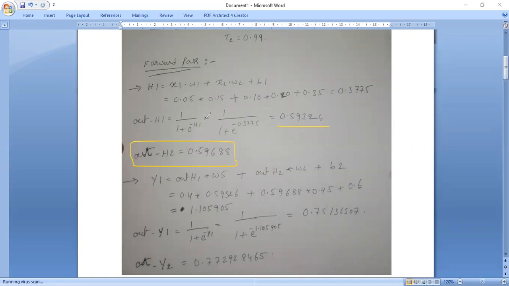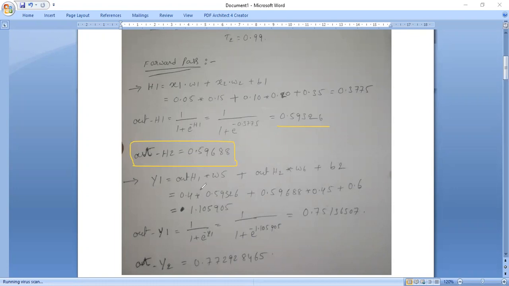In the same manner, the output of h2 is equal to 0.59688. By this we have finished calculating the hidden layers.